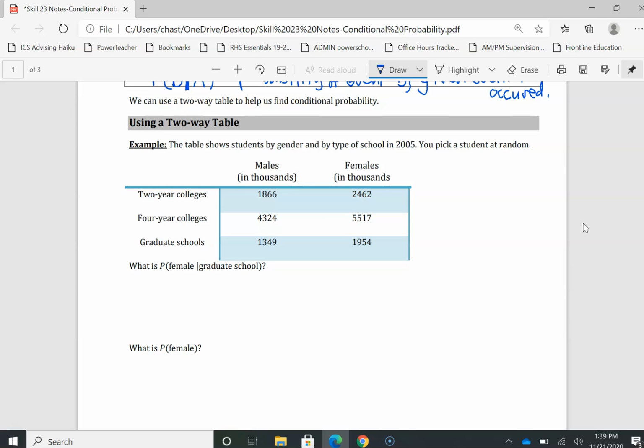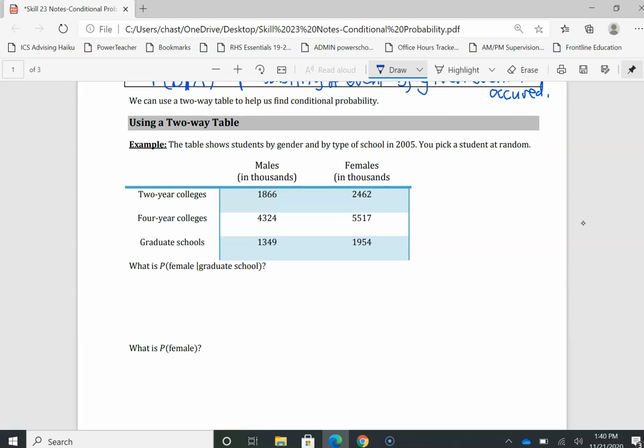And yes, I know there are other genders besides this today, but we're going to use male and female just as our standard ones, okay? The table shows students by gender and by type of school in 2005. You're going to pick a student at random. In our chart, what they tell us right now is the number of males and the number of females in the different types of schools.